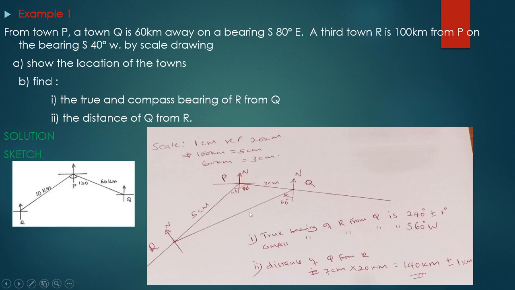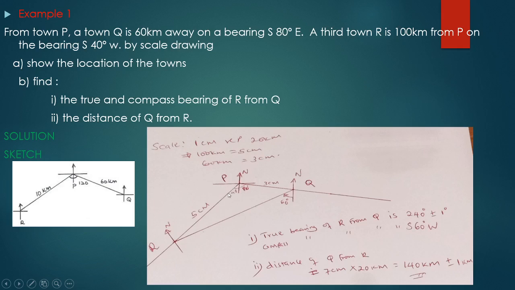And then we also need to locate point R. We are told that point R is south 40 degrees west. So we need to have our protractor here. In this case, we are reading clockwise from this point. So the horizontal lies here and the vertical lies at this point. You read from this side towards that side, clockwise, you read 40.